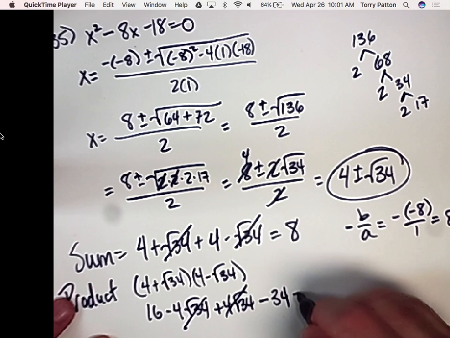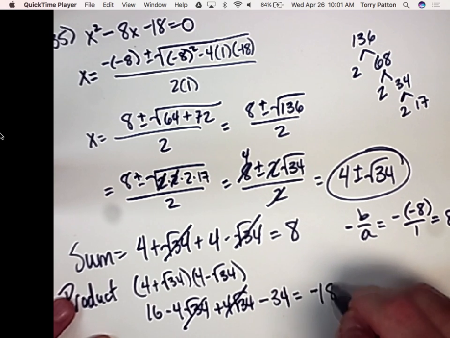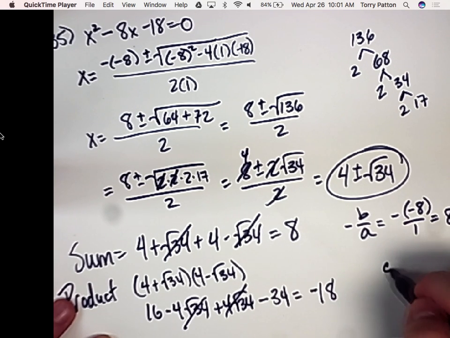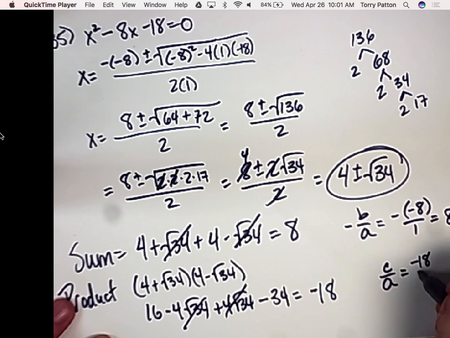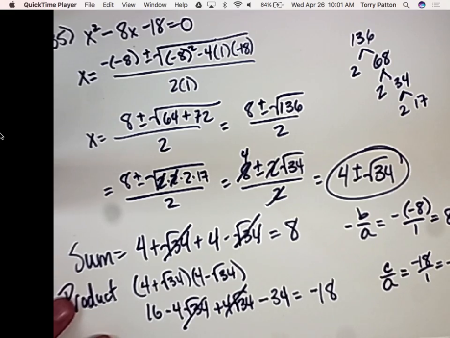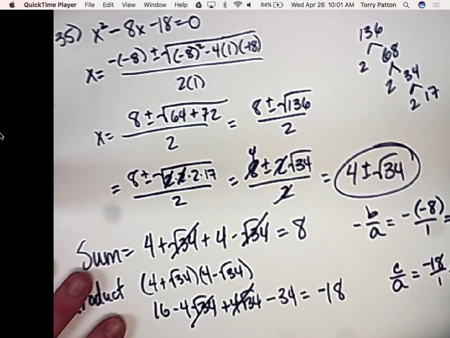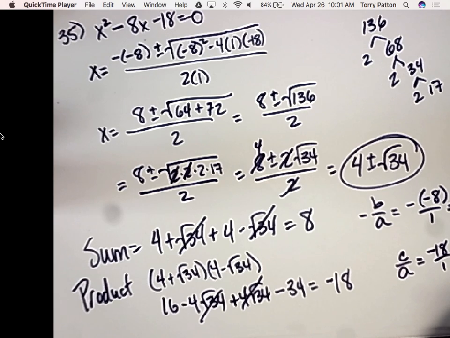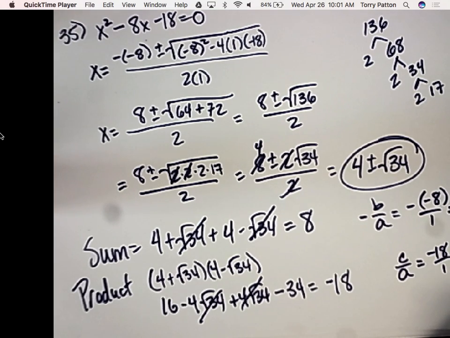Those cancel and you get negative 18. C over a is negative 18 over 1, which is also negative 18. So it works. Okay? That's 35.